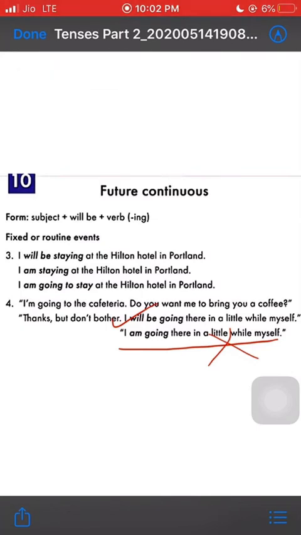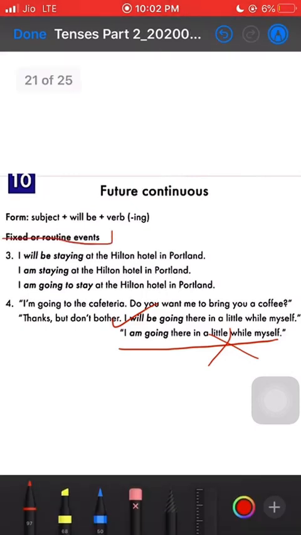So, the first use of the future continuous is for fixed or routine events. Clear?